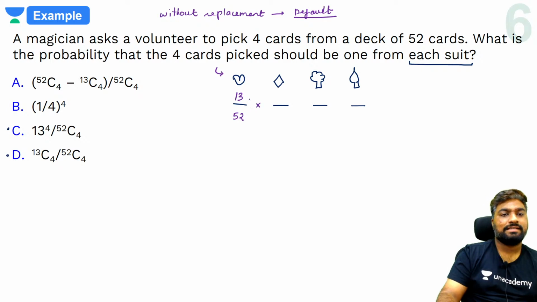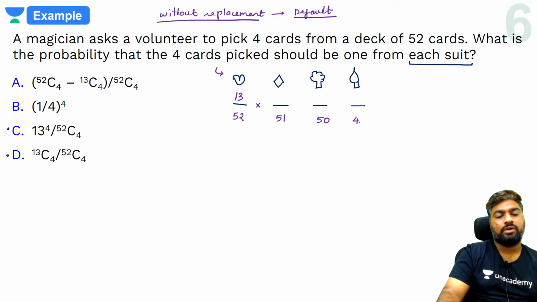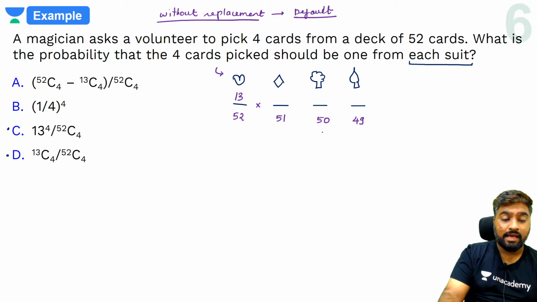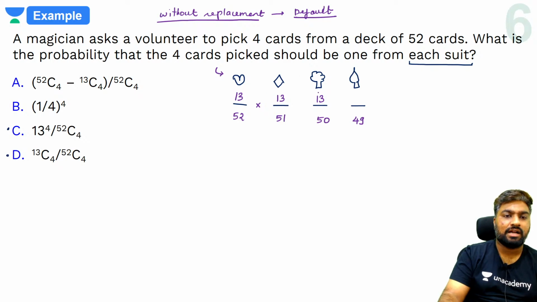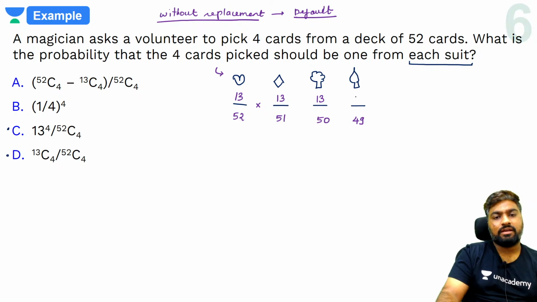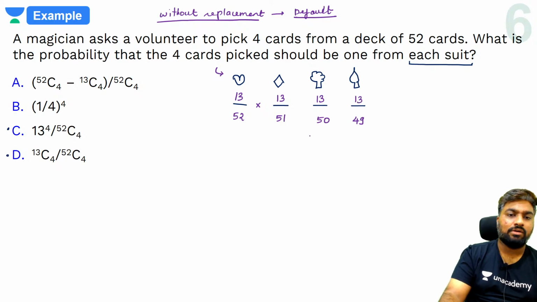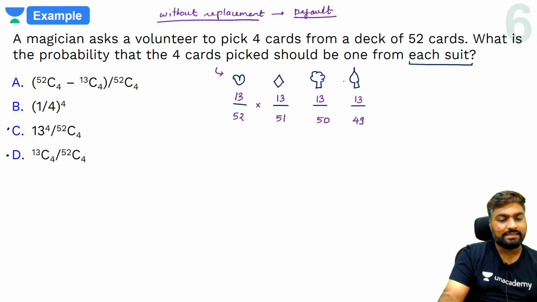And since this is without replacement, the number of total cards will keep reducing, but the number of diamonds is still 13 only, because the first card we picked up was a heart. The number of clubs will be 13 only, because the first card was heart, second was diamond. We didn't touch a club at all. Same way, your last card will be 13 only, because the number of spades is still 13.